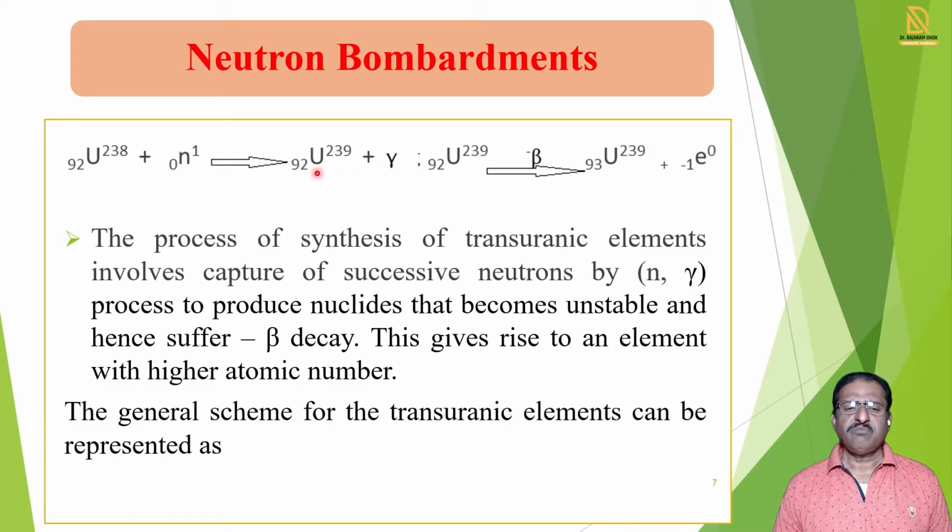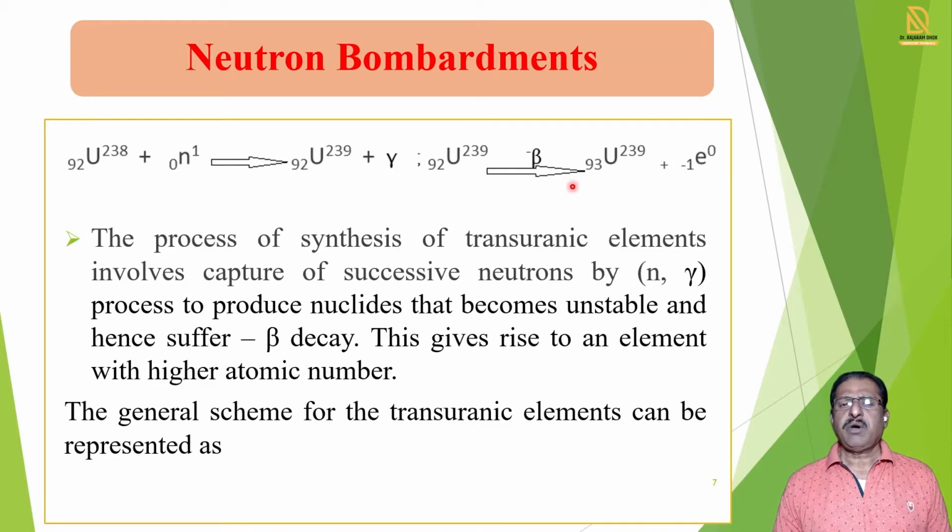Now this uranium 92 239 is unstable, so it releases one beta particle. So here it is written uranium 92 239 minus beta. Minus beta means one beta particle is eliminated. And when one beta particle is eliminated, then there is formation of uranium 93 239.